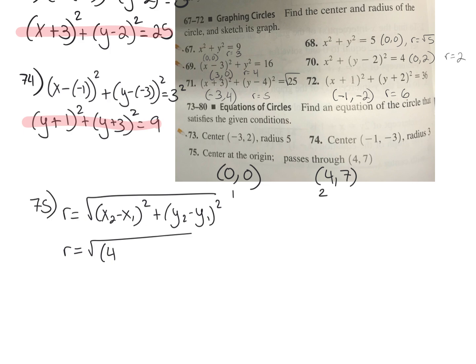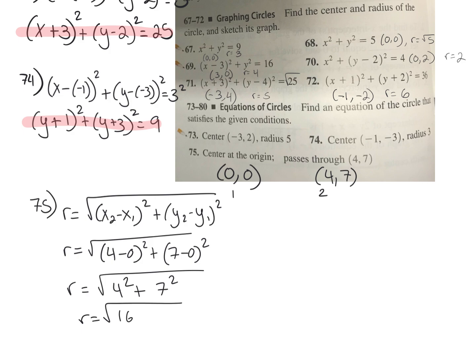It's going to be 4 minus 0 squared plus 7 minus 0 squared. So the radius is 4 squared plus 7 squared. That is 16 plus 49. So my radius is the root of 65. I'm not going to simplify it, and you're going to see why in a moment.